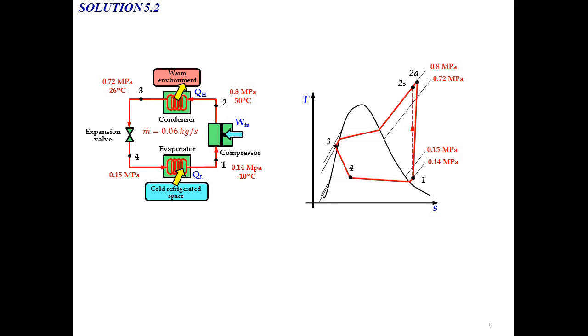Okay, then connect all the points, and you will get the cycle for the actual vapor compression refrigeration cycle for example 5.2. So this is how you answer the question involving the actual vapor compression refrigeration cycle, and also how to draw the TS diagram for the actual refrigeration cycle in this problem.